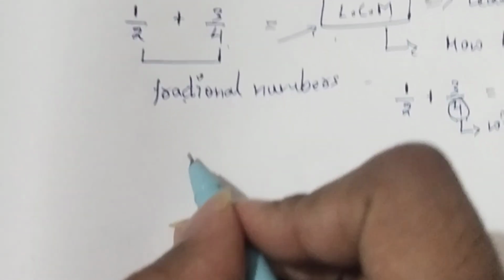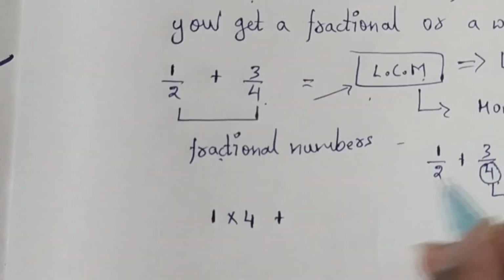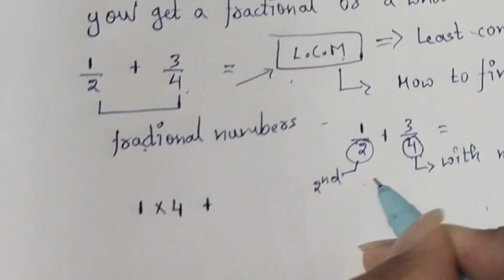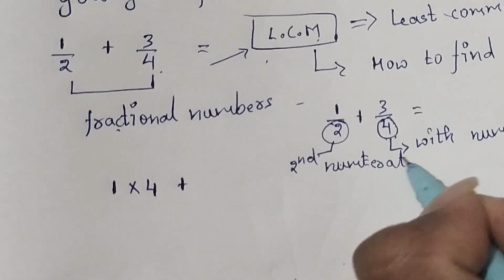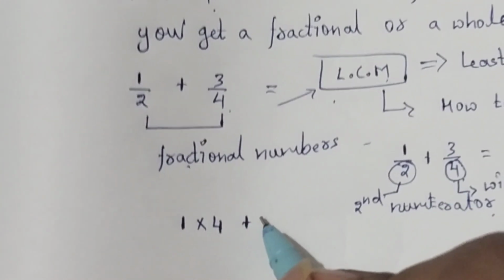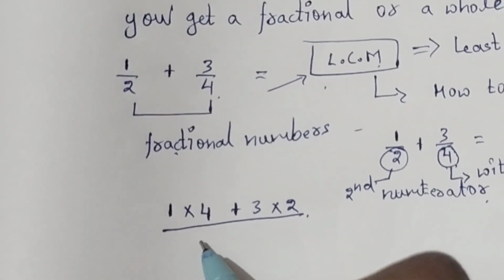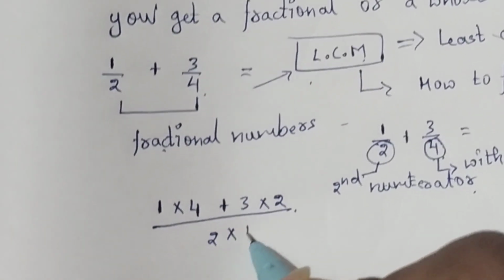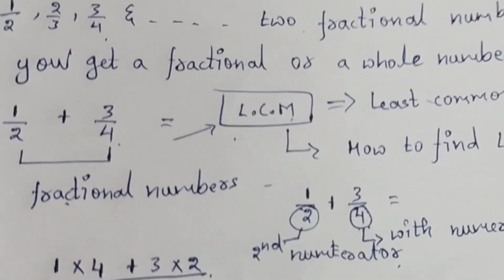which follows like this, like 1 into 4. Likewise, multiply the denominator of the first term with the numerator of the second term. So it would be 3 into 2, and in the denominator just multiply the two denominators of these fractional terms.